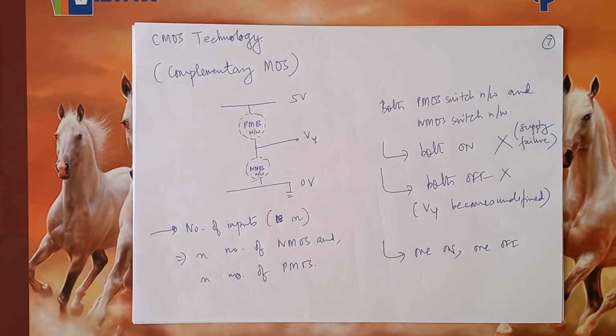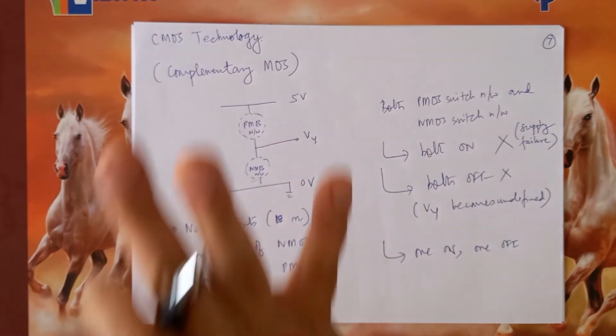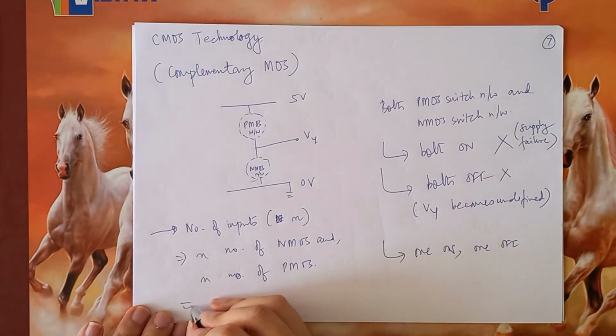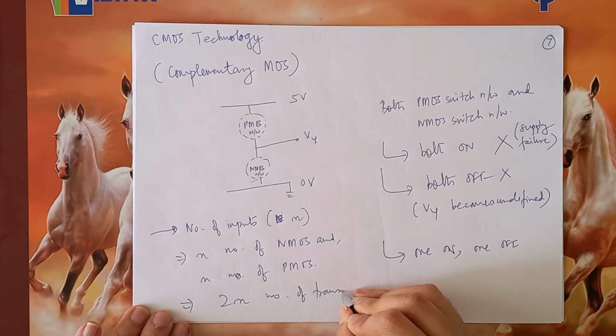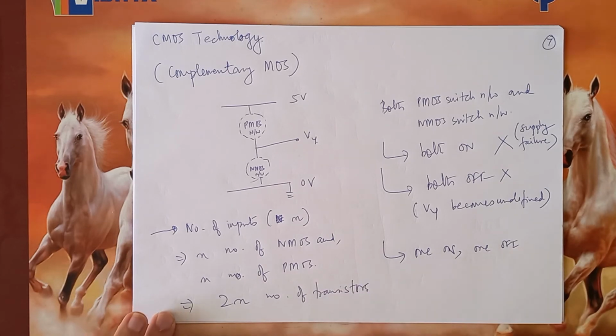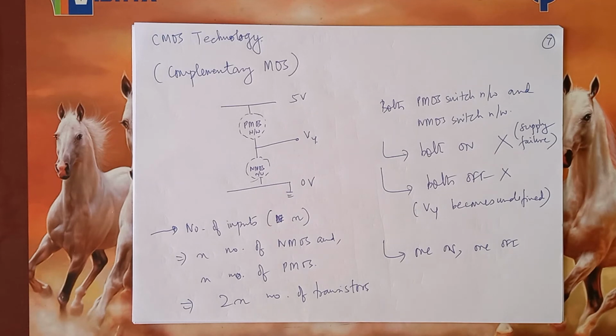That is the rule. If you have n number of inputs, you will need n number of NMOSs and n number of PMOSs, which implies 2n number of transistors. Is that fine?